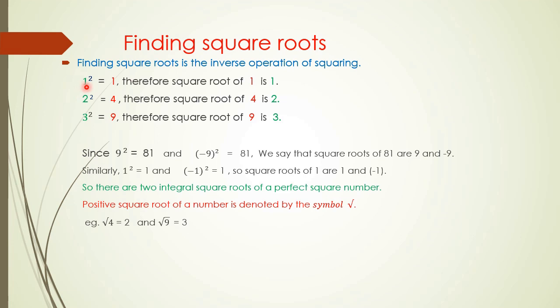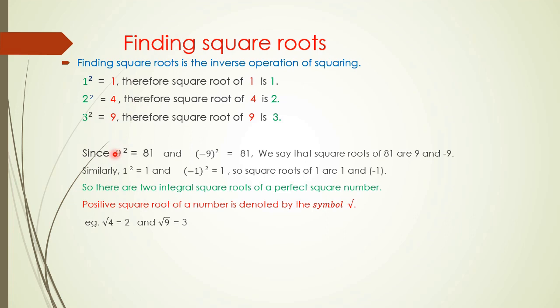This green color number is the square root and the red color number is the square. 2 is the root here, 4 is the square; 3 is the square root and 9 is the square. So if you know how to find the square, you must know how to find the square root. From the same statement we can get the answer.